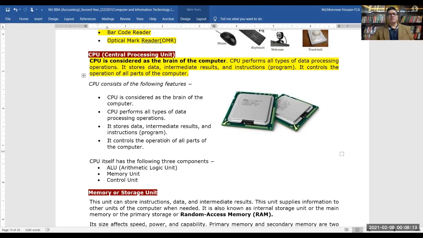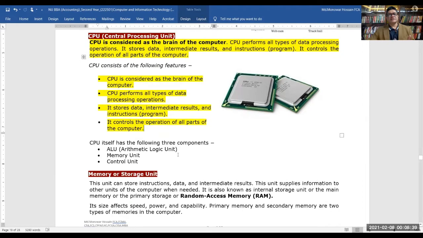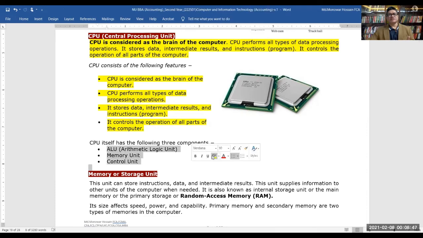It controls the operation of all parts of the computer. CPU itself has three components: one is the arithmetic logic unit, then the memory unit, and the control unit.